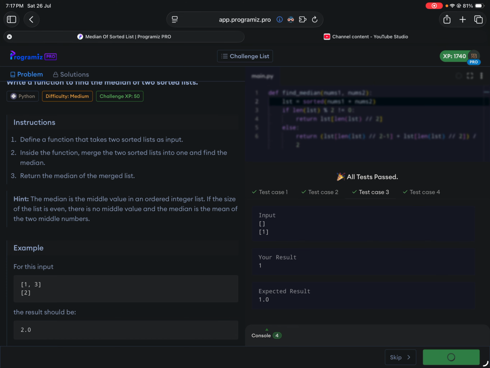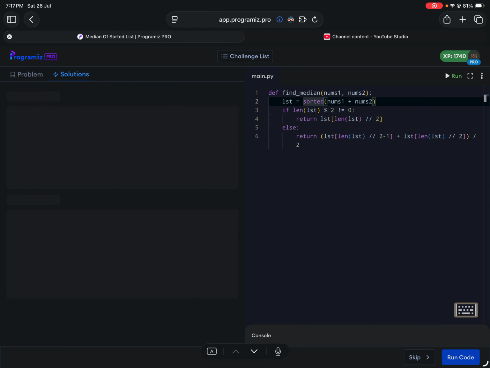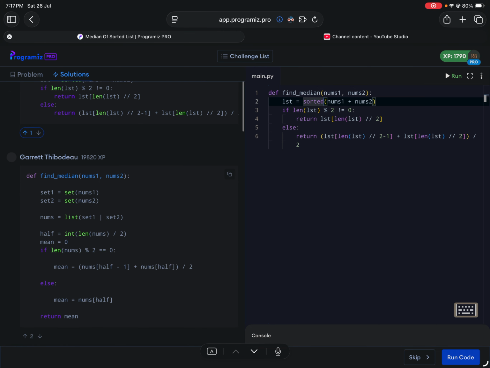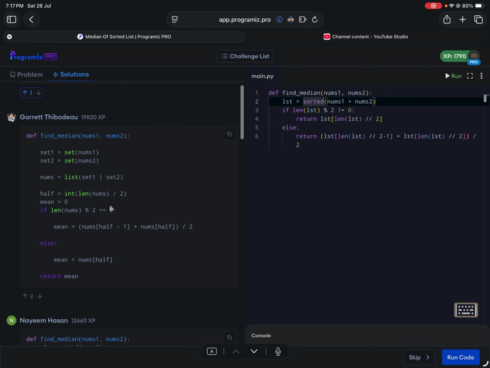Let's see how other people have done it. Maybe a not so complicated way. Find median. So they are using a set. Okay, something similar, right?